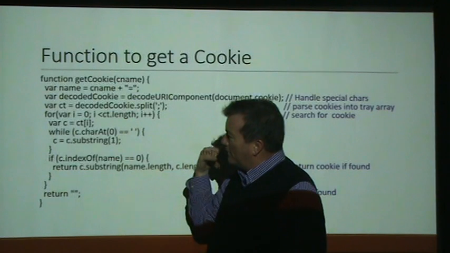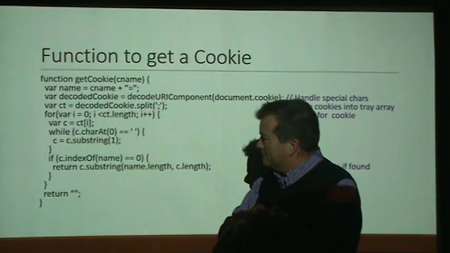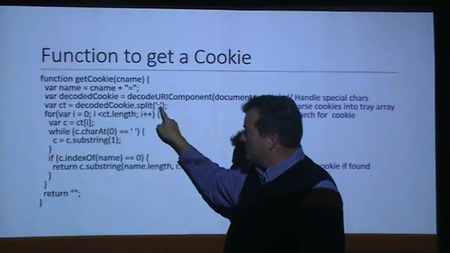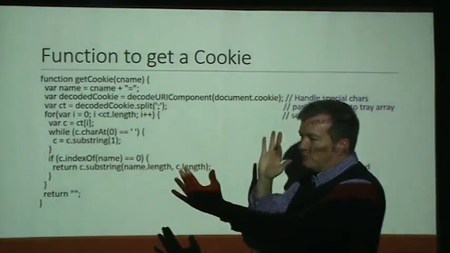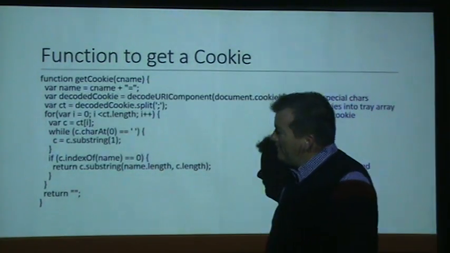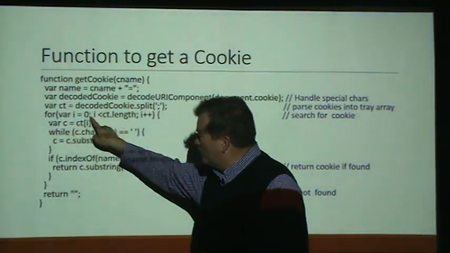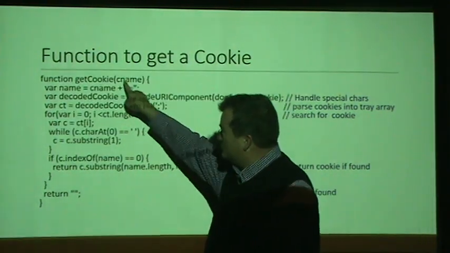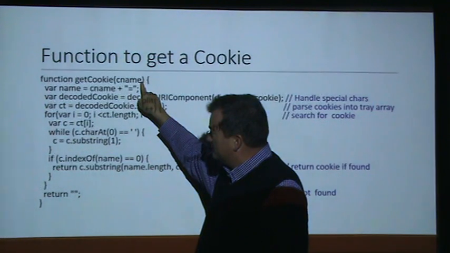So now we're going to end up getting the whole tray of cookies. And there's another function that will split them based on semicolons. So that breaks them up into an array of individual cookies rather than one big cookie string. And then with a for loop, we can go through all of the cookies looking for the field we're interested in, which is the parameter that was passed in.